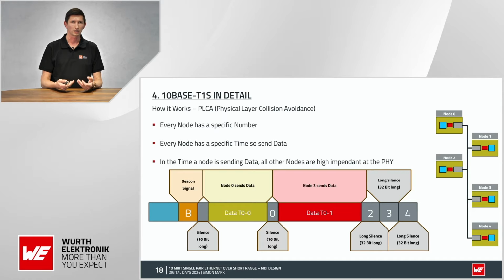They are not sending data. So this is the advantage of using this single pair on a bus line. But you have only half duplex. You don't have the advantage of other bus systems or other Ethernet that you have full duplex transmission.